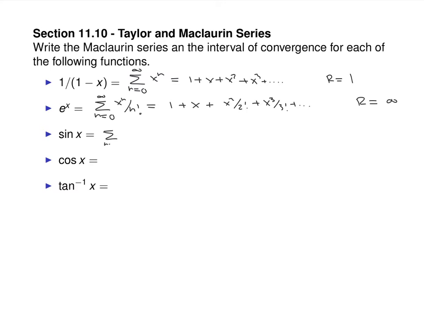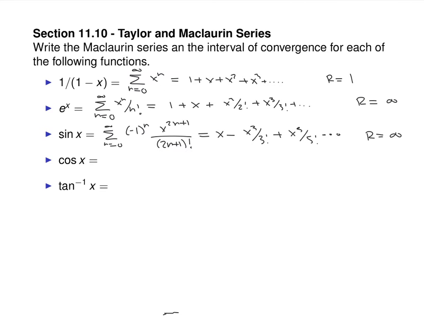Sine and cosine are alternating series. So sine is the sum of negative 1 to the n x to the 2n plus 1 over 2n plus 1 factorial. Or that would be x minus x cubed over 3 factorial plus x to the 5th over 5 factorial, etc. Also r is infinite.